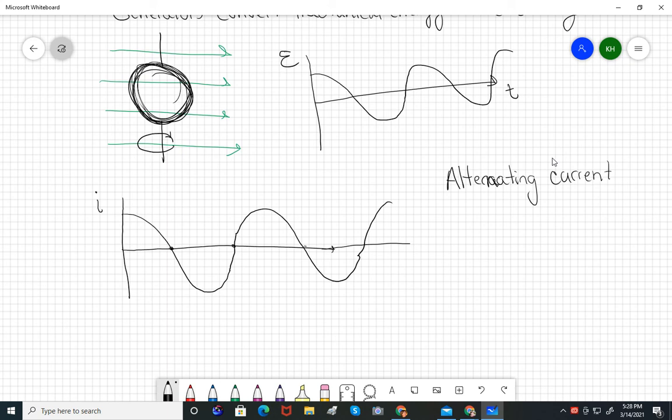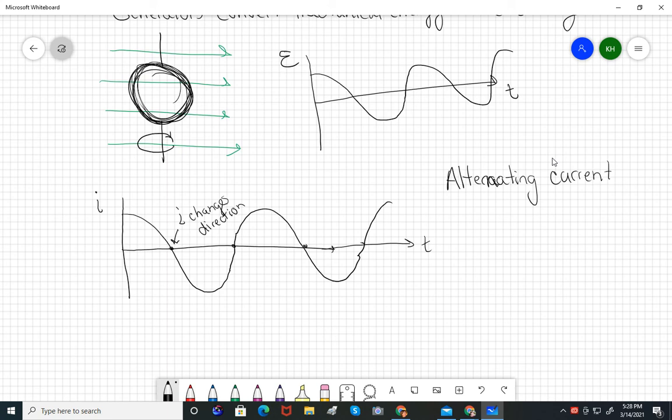So at each one of these places, the actual current changes direction. If we were to average this current, the average current would be 0, even though we have a continuous current. This is the kind of electricity that's flowing through your home, which isn't really helpful.